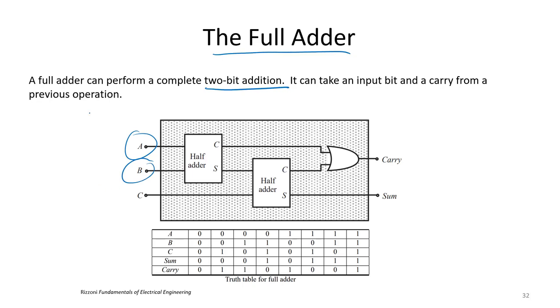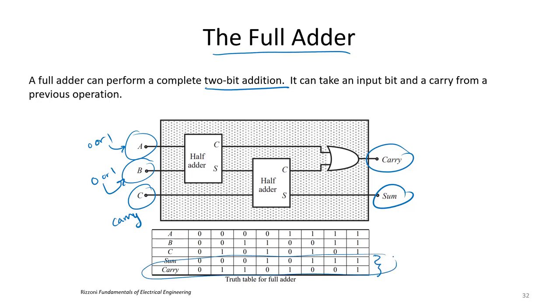So it can take 0 or 1 in input A, 0 or 1 bit in input B, plus a carry bit from a previous operation, and it will give us the corresponding output for the sum and the carry.